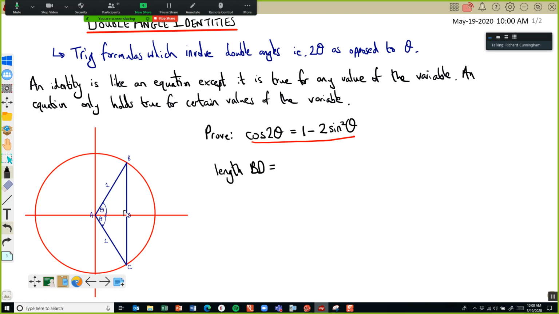We've got a right angle triangle here essentially. If I'm just looking at the triangle ABD, what is BD equal to? If this side is 1 and this is theta. I'll give you a clue. Sine theta equals.